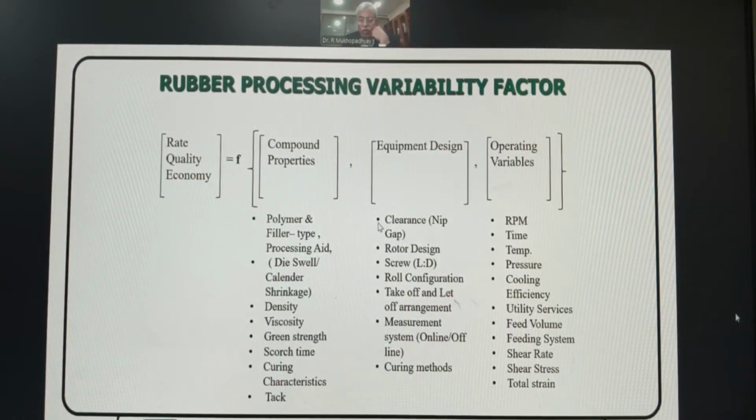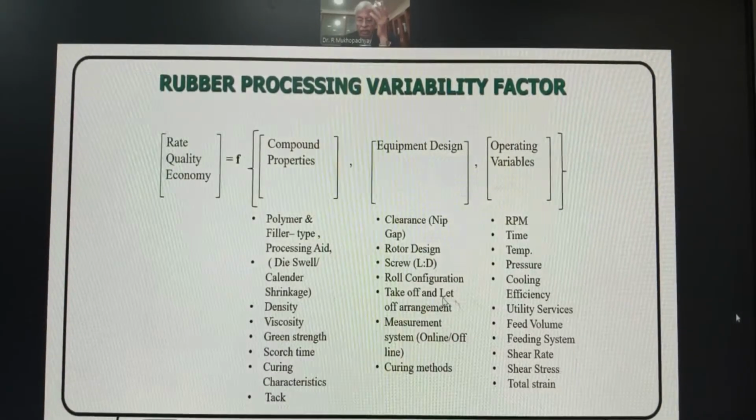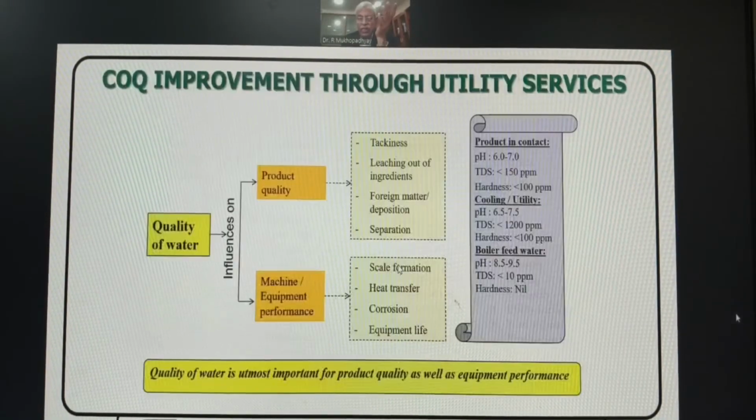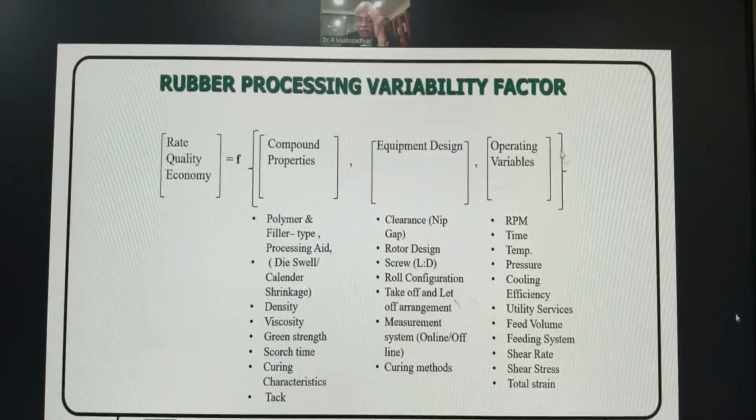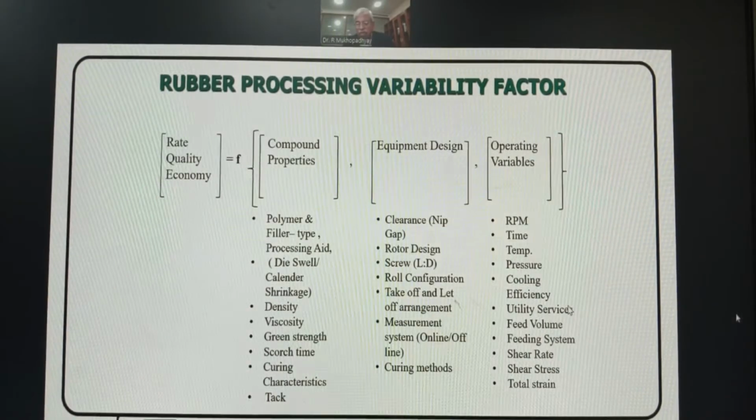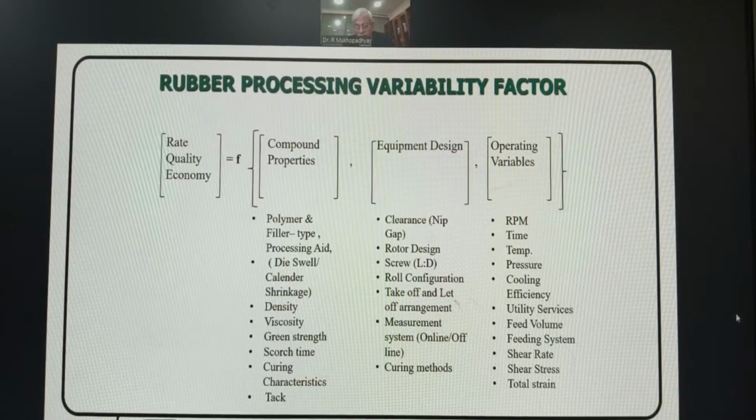Again, what is the equipment? The clearance, nip gap between the rotor and chamber, rotor design, extruder L/D ratio, roll configuration, calendar three-roll or four-roll, the take-off or let-off system, measurement system online or offline, curing method, and equipment design. Third is the operating variables: RPM, time, temperature, pressure, cooling efficiency, utility services, quality of air, quality of power, quality of water.